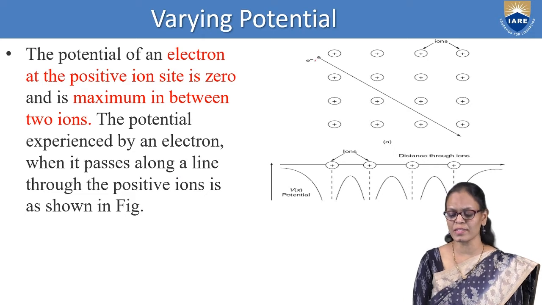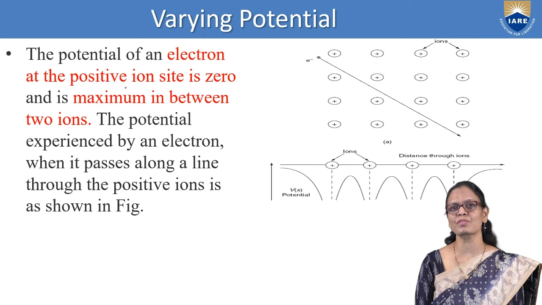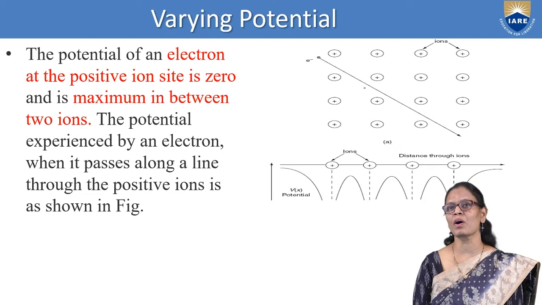Now, if you consider an electron here, the potential of the electron at the positive ion site is 0 and is maximum between two ions. I will consider this electron, which is moving along a straight line.